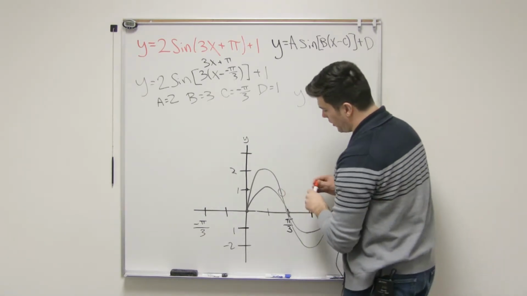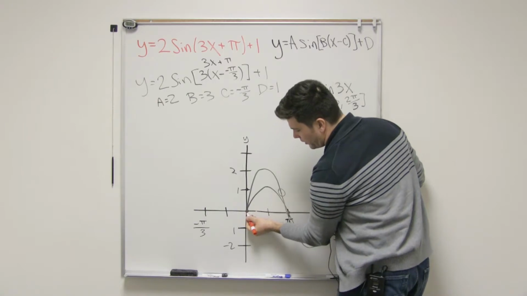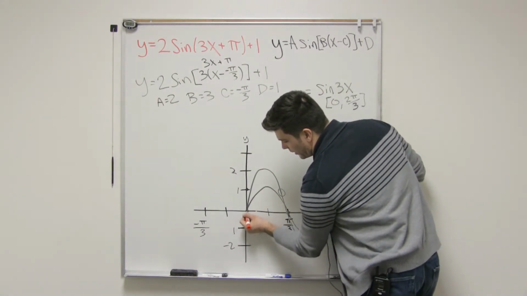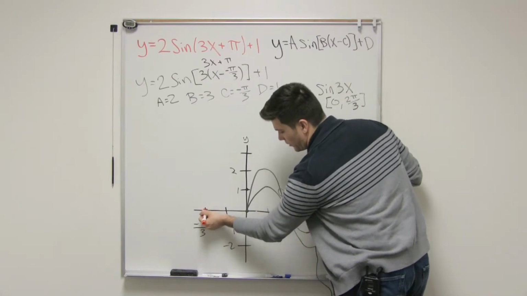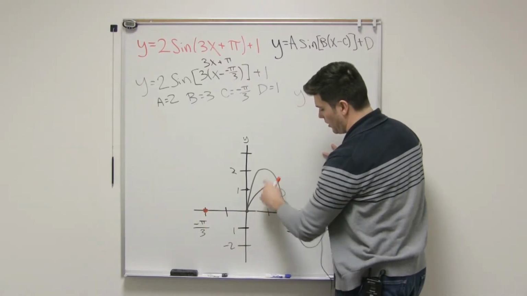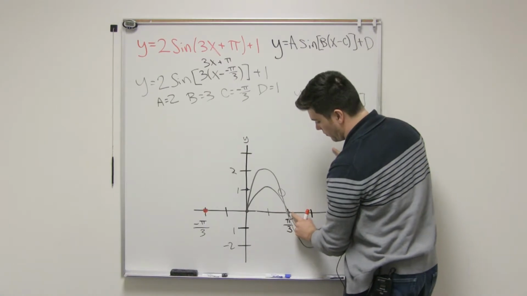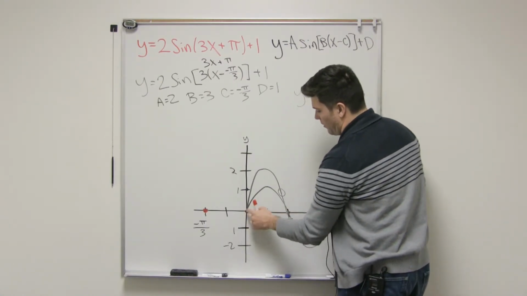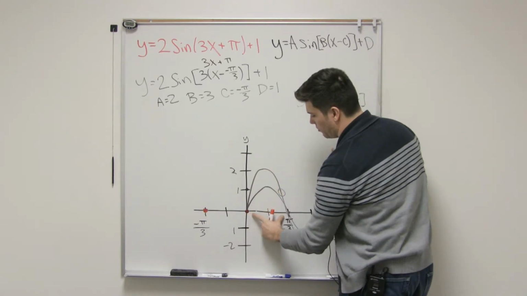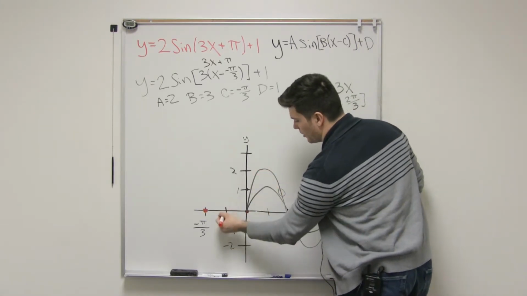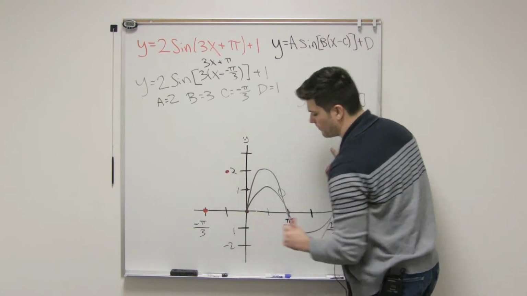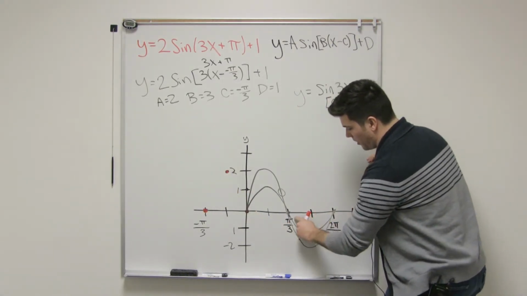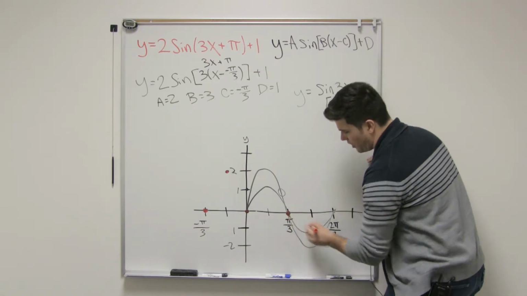We're going to take each point, like I said, and shift it. So if we took this point and shifted it to the left pi thirds, it is now right here. And this one, pi thirds, also shifts back, so it's now here. And this peak that's in between these 2 points that we just shifted is still in between, so it's going to be right there. And same thing, this 2 pi thirds goes back a full pi thirds, and it's now there.